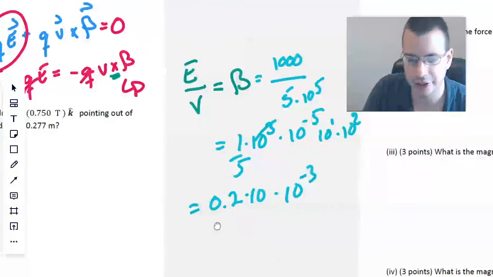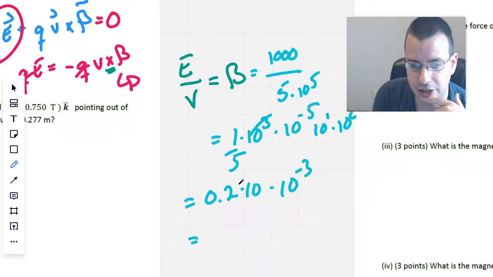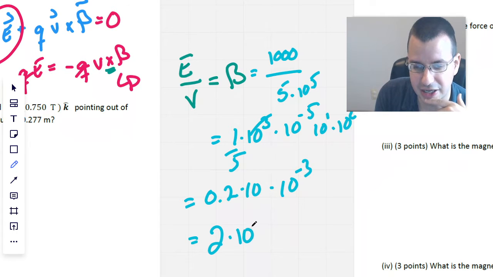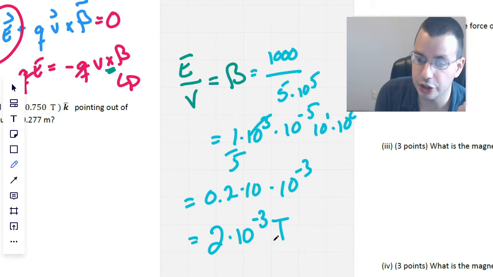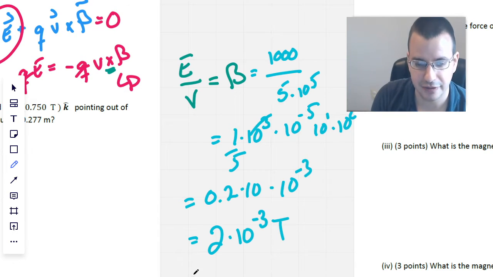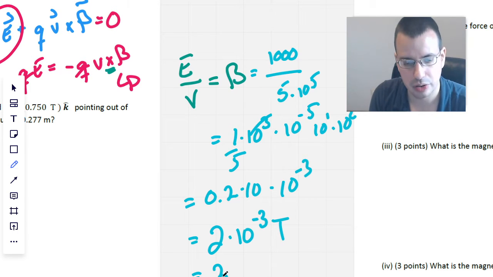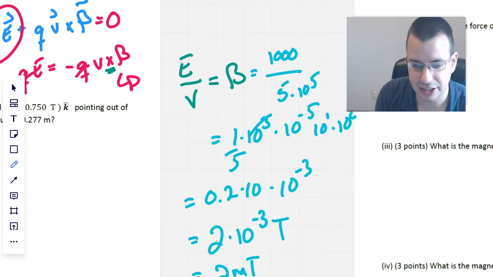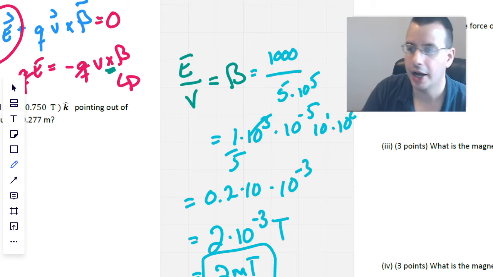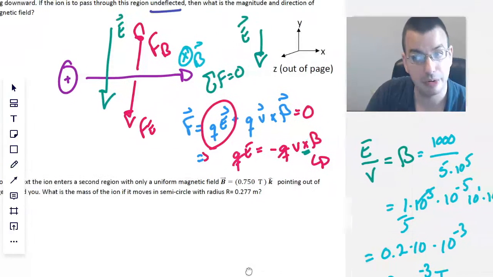I know it looks confusing. I'm trying to simplify things a little bit here. And we get 2 times 10 to the negative 3rd. And then the unit will be Teslas. This will give us 2 milliteslas. So I know a lot of work here and pretty messy.